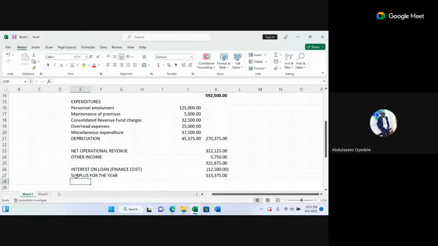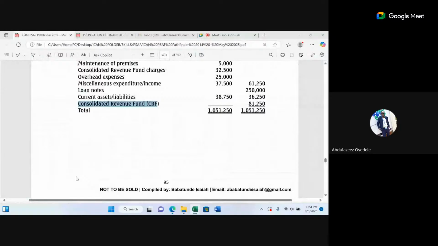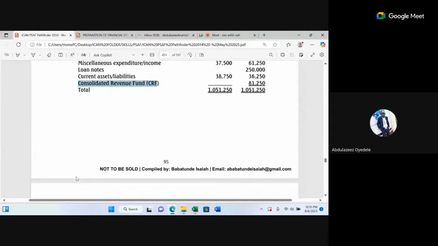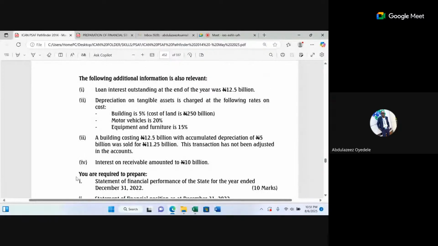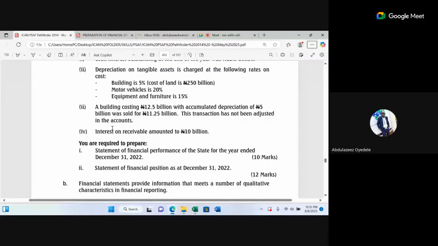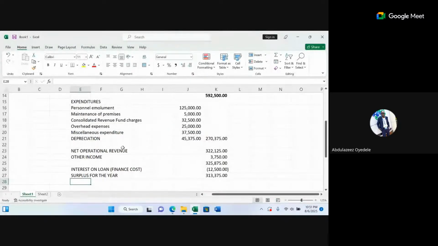So you can see that this is the result of comparing our revenues. Sorry, there's still a revenue item that we have not treated, which was the one we said we also treat as other income, which is the interest they received. We treated the interest they paid. So this is the interest they receive that we are supposed to treat as well, 10 billion. So we'll bring that in also as part of the other income.